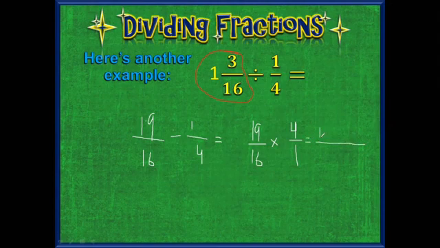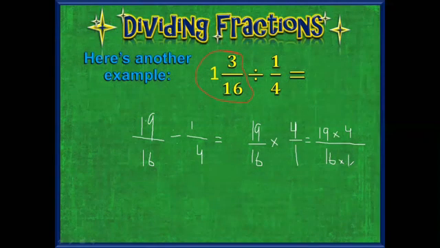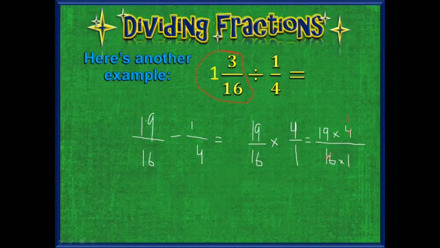I use cancellation in order to get the final answer. It's clear that 4 in the numerator can be simplified by 16 in the denominator using the common divisor 4. I will get 1. 16 divided by 4 is 4.